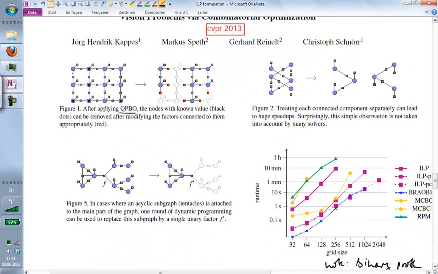Another way of helping a generic solver is to recognize such trailing trees, because for a tree in a factor graph, you can do inference very, very efficiently using dynamic programming. So you start passing messages from the leaf nodes of those trees, and the result of such a message passing on trees is globally optimal.